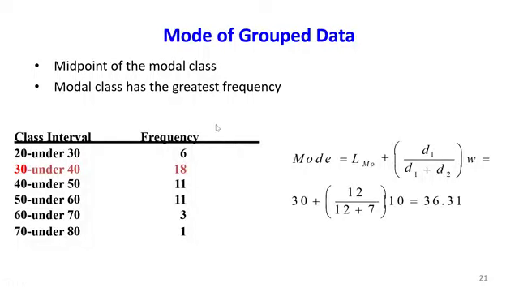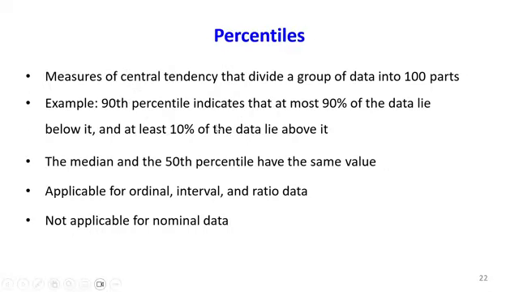Yes, so in the calculation we consider all the values, and that's the reason it is considered sensitive, because if there are any extreme values in the data, it will get affected by those extreme values.